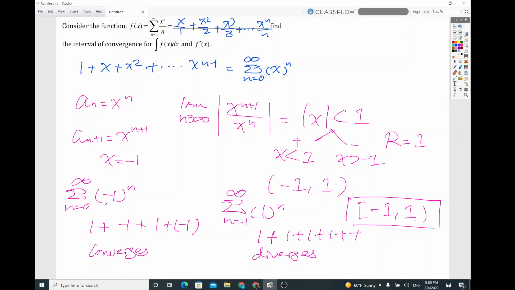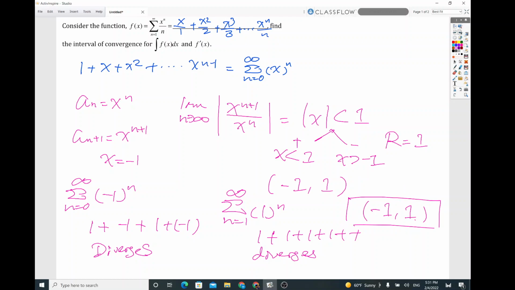For this type of alternating series, I would say it's considered divergent, because they all got canceled, but sometimes could be negative 1 and also could be 1, depends. Diverge. So it's going up and down, negative 1, 1, or 0. So they both diverge. That means for the derivative it's just open parentheses.